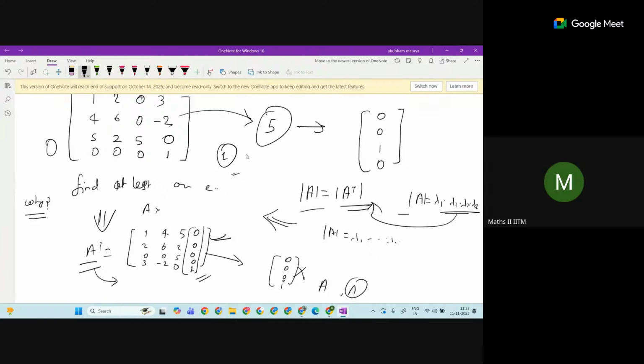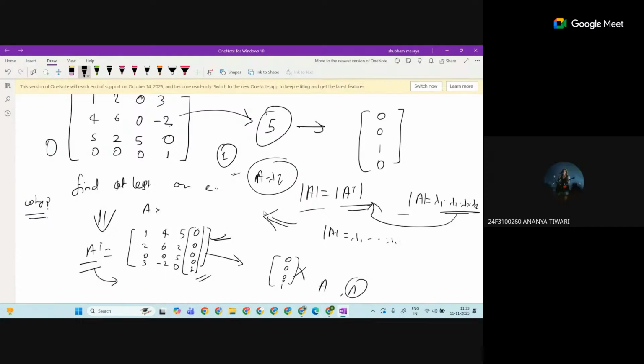Use these two properties to give at least two eigenvalues. No need to proceed with a very big thing. You don't have to do A minus lambda I. Without doing that, we can at least conclude two eigenvalues.